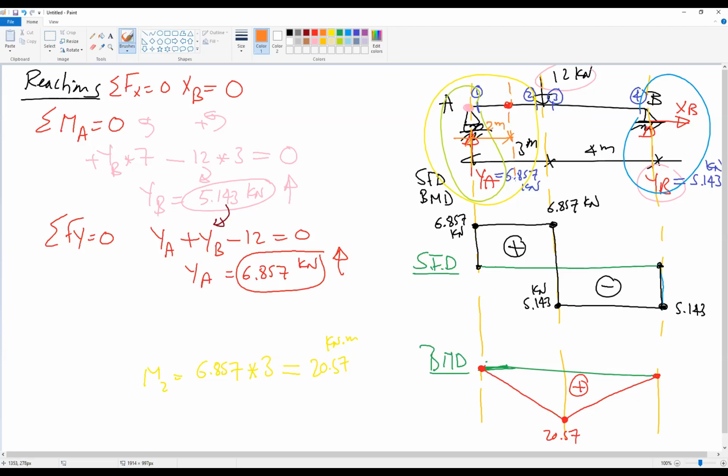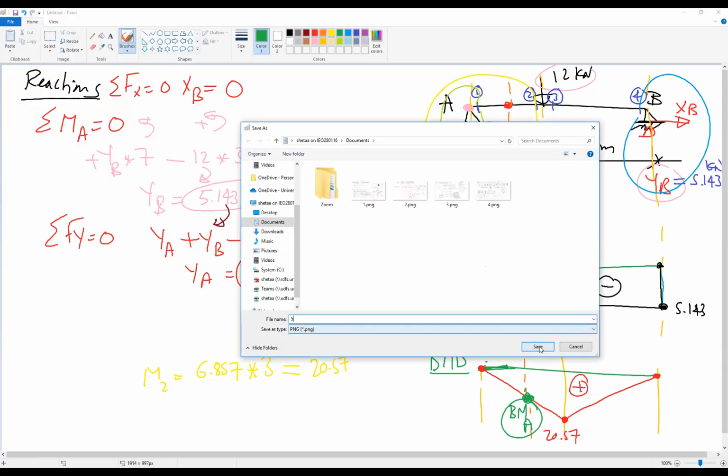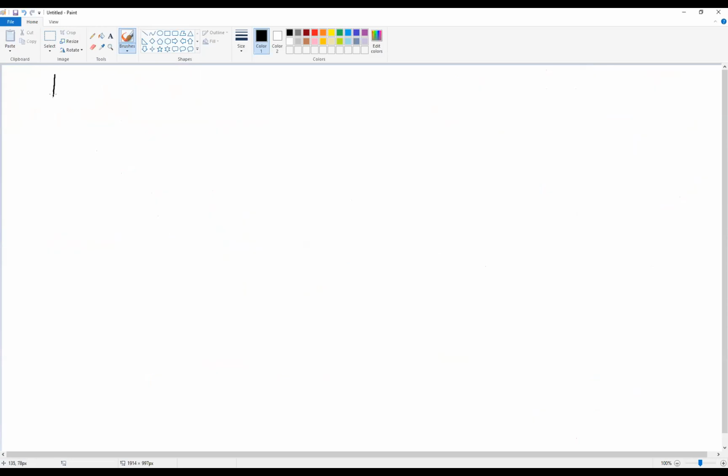So we need to find the shear force at A, and also the bending moment at A.